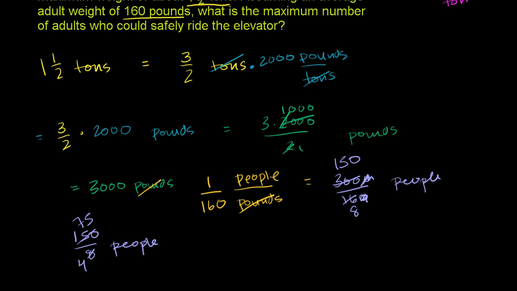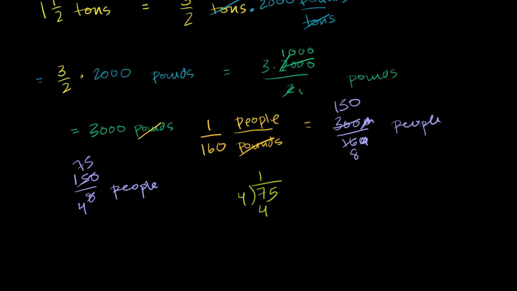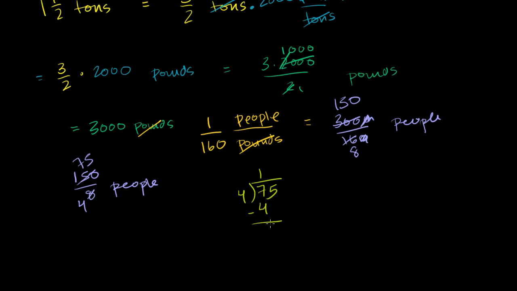Let me just work that out. So you have 75 divided by 4. 4 goes into 7 one time. 1 times 4 is 4. You subtract. 7 minus 4 is 3. Bring down this 5. 4 goes into 35 8 times. 8 times 4 is 32. Subtract. 5 minus 2 is 3. And then you have the decimal. We're going to the right of the ones place.